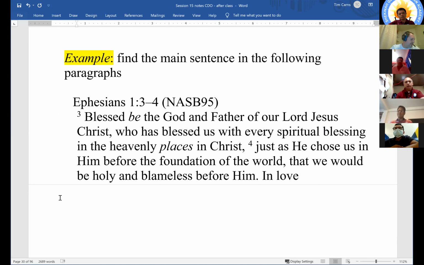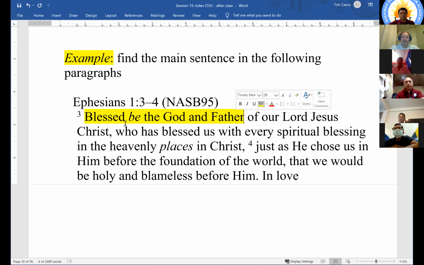So, for example, Ephesians 1, verses 3 and 4. Blessed be the God and Father of our Lord Jesus Christ. Now, in this case, here is my main sentence. It's reversed here, but it's God be blessed. See that?